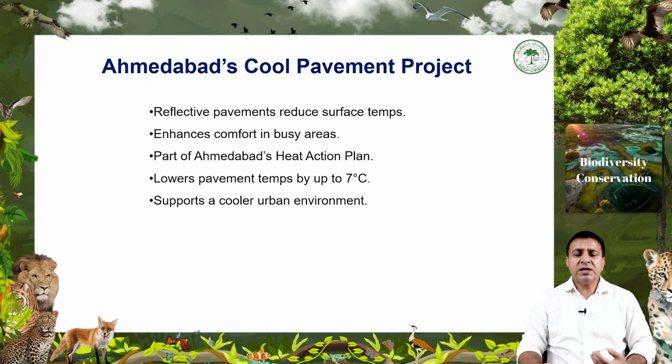This project is a part of the Ahmedabad heat action plan, and it demonstrates how even a small infrastructure change can have a significant effect in reducing the urban heat island effect. By lowering pavement temperatures, Ahmedabad supports a more comfortable and sustainable urban environment for its citizens.